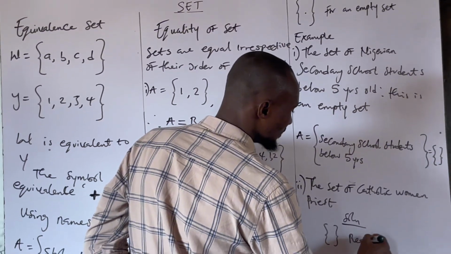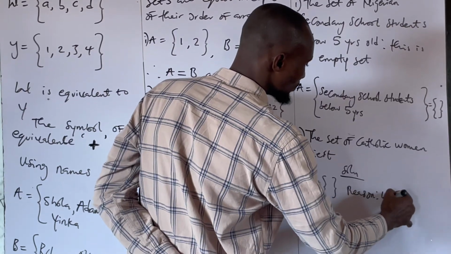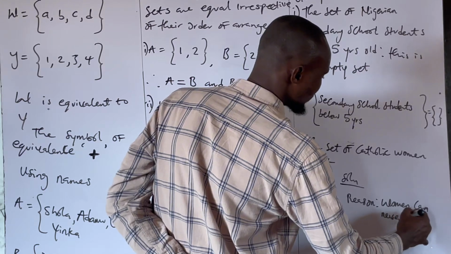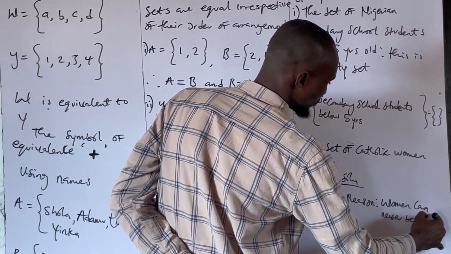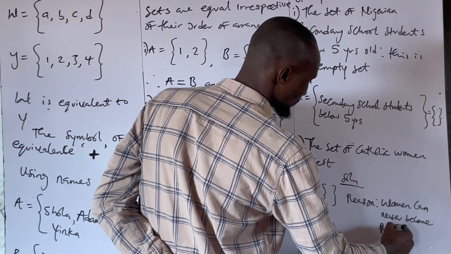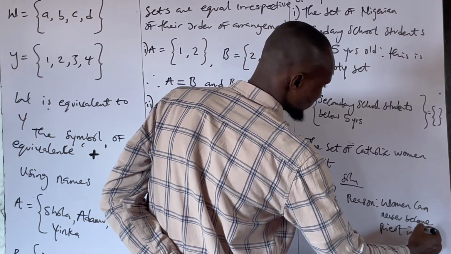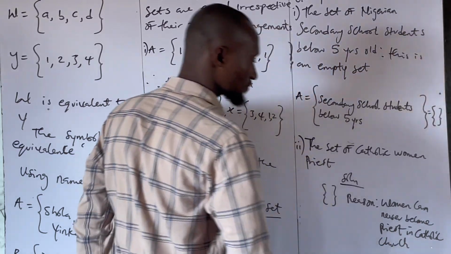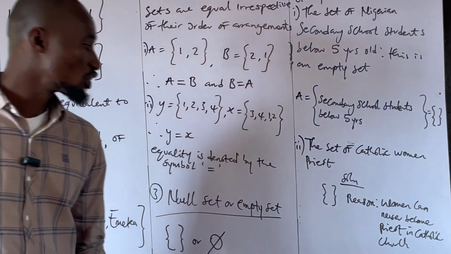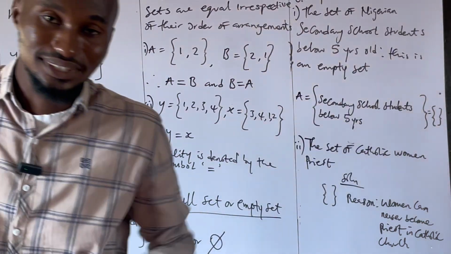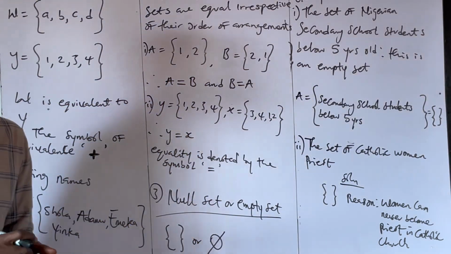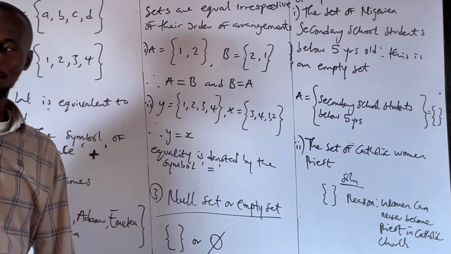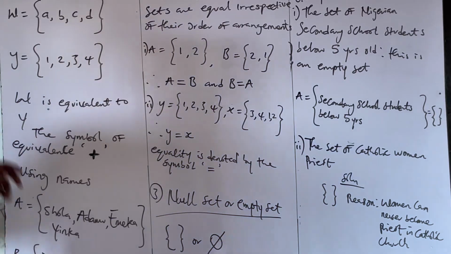Reason: women can never become or be a priest in the Catholic Church. Reason is that a woman cannot be a priest in the Catholic Church. So this set now is an empty set. It is equal to what? Empty. Can I clean here?